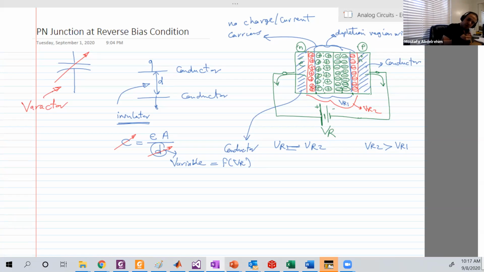More formally, this is called a Varactor Diode. Any PN junction is actually called a diode.